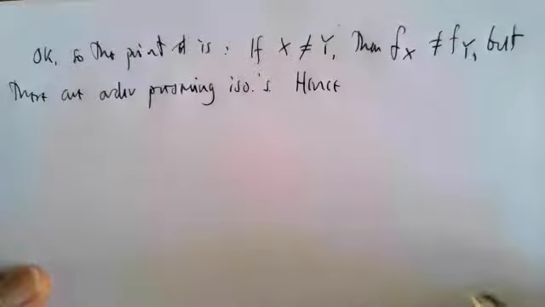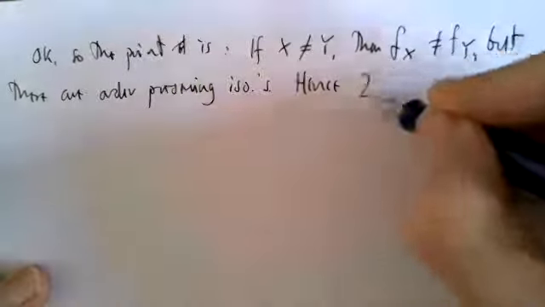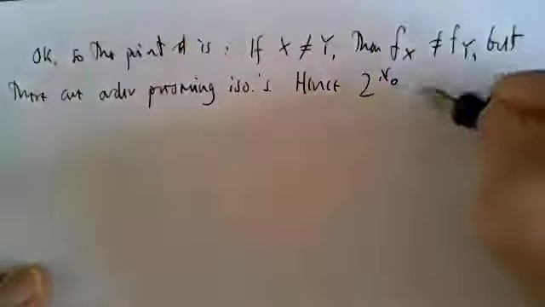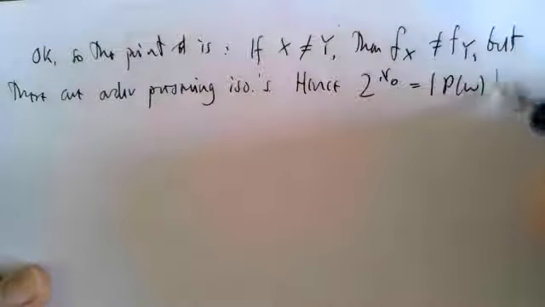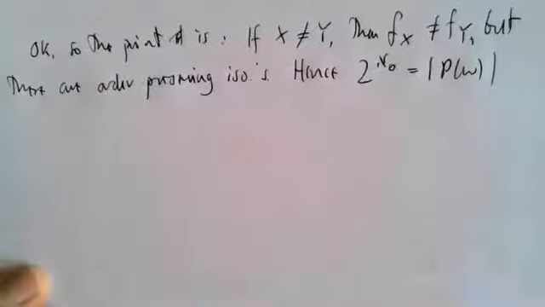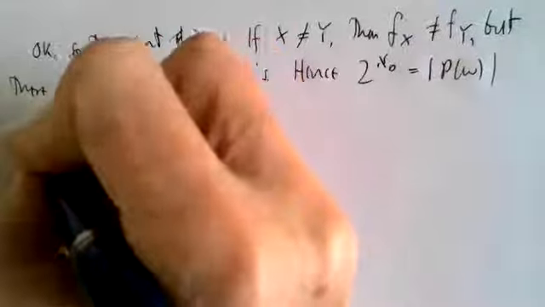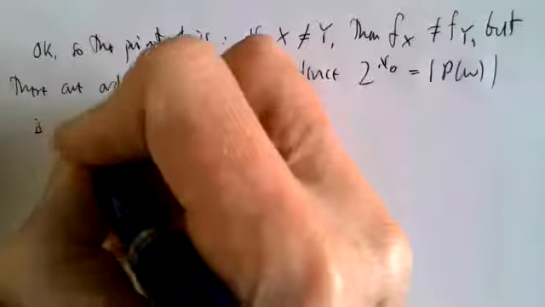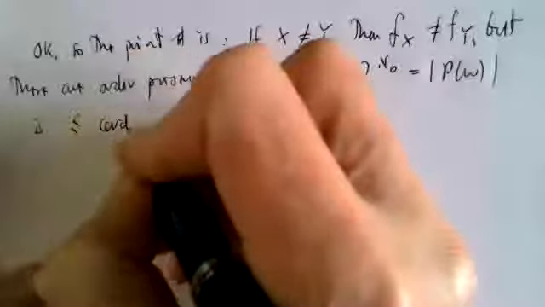So hence, 2 to the Aleph 0, the cardinality of the subsets of omega, is less than or equal to the cardinality of the functions.